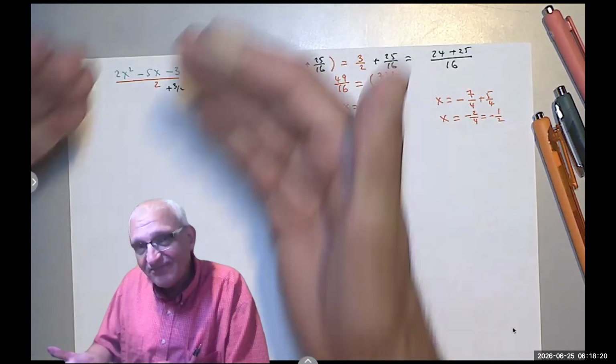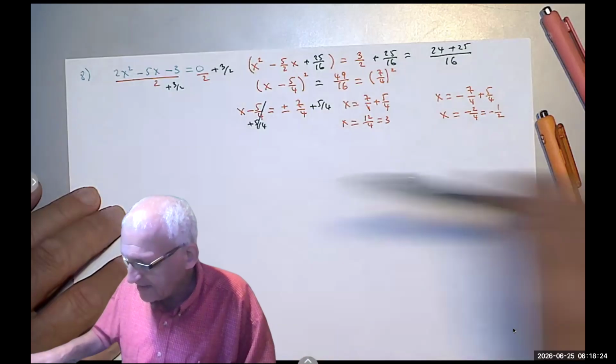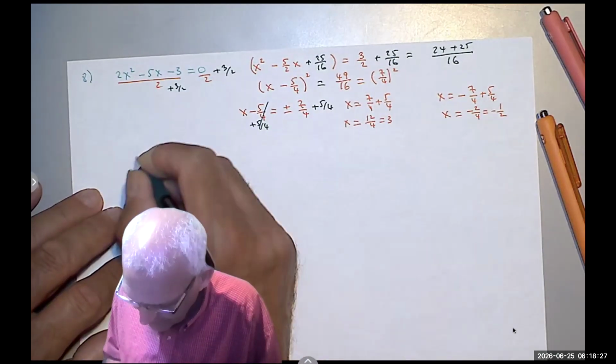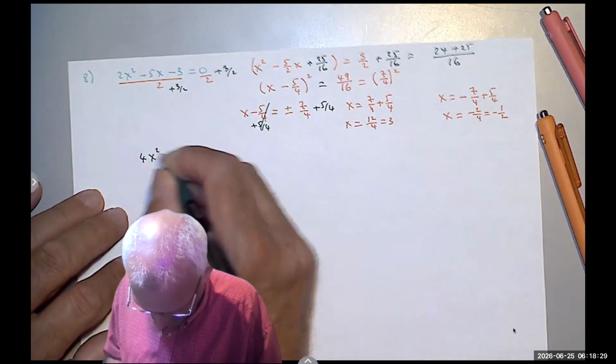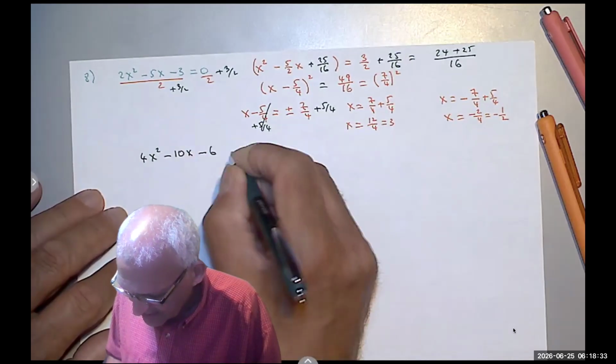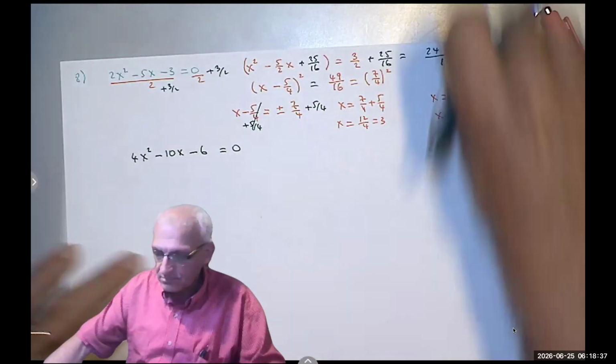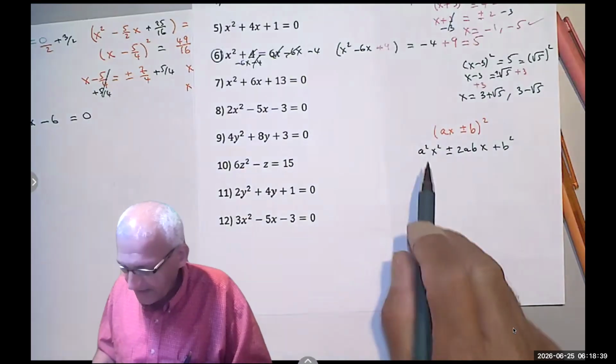So instead of dividing the equation by 2, I'm going to multiply the equation by 2 and get 4x squared minus 10x minus 6 equals 0. A squared.